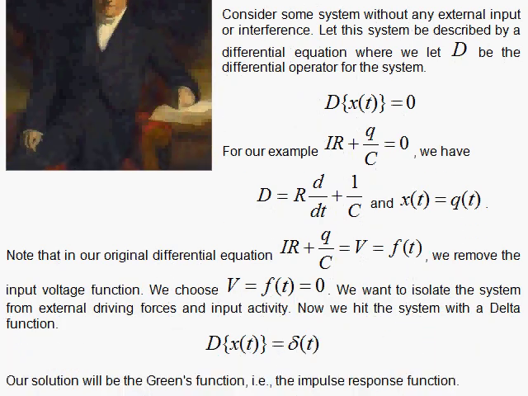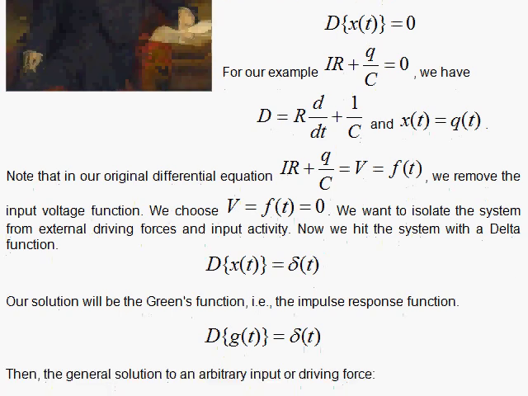Well, the idea of the Green's function, as you saw in the last section, is that we want to hit the system, or say smack the system, with the Dirac delta function. That's the impulse. We give it an impulse, and the solution will be the Green's function, which is the impulse response, or the response to the Dirac delta function.